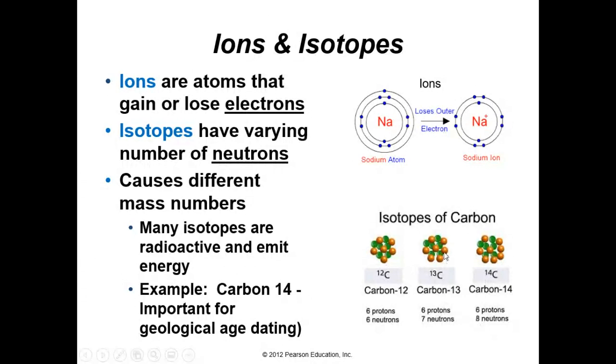What can happen sometimes is you can gain a neutron, while the number of protons stays the same. So when you gain a neutron, then it becomes carbon-13. You're just adding one to the number. That species of carbon is found in quite a bit less quantity than carbon-12. Same thing with carbon-14. You're just adding 2 neutrons, and thus its number goes up 2 from 12 to 14.